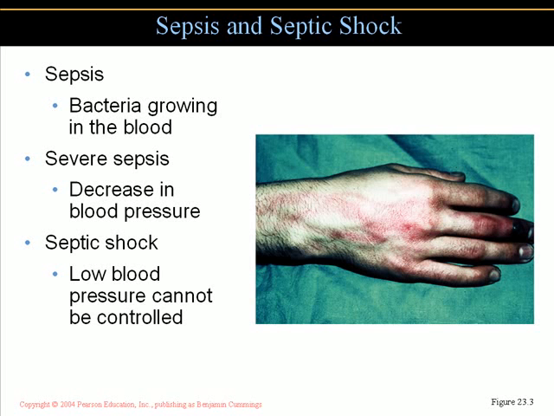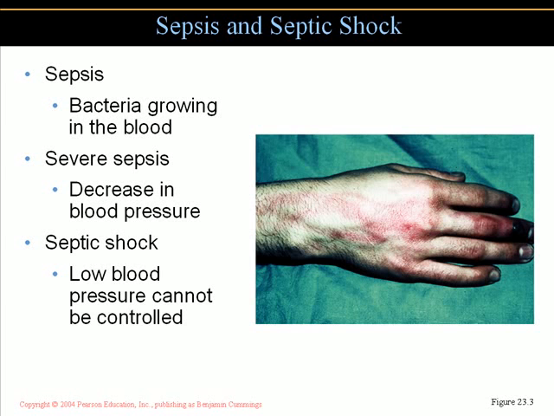Septic shock: low blood pressure that cannot be controlled. In these instances, even in severe sepsis, the person requires not only aggressive antibiotic therapy to be able to fight the infection, but the person also may require a tremendous amount of fluid volume. The fluid volume that's being infused into the person is to try to fill up these dilated blood vessels.